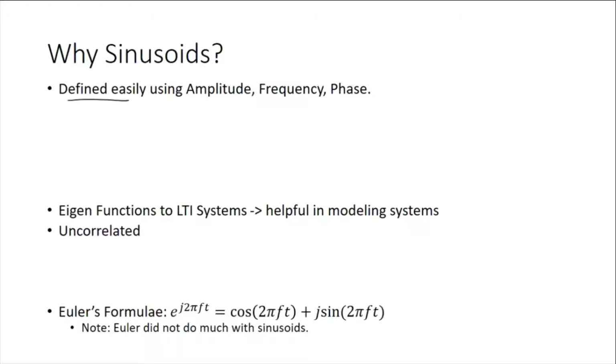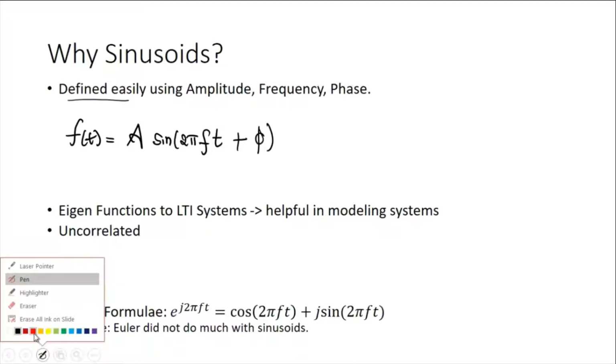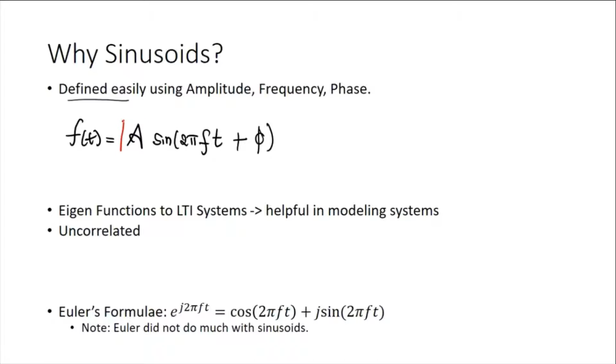If you want to completely define a sinusoid, say it's a sinusoidal function of time, you have A, which is the amplitude, times sine of 2 pi times frequency times time plus phase. So you just need three things in order to determine what a sinusoid is: the amplitude, the frequency, and the phase. With these three, a sinusoid is completely defined.